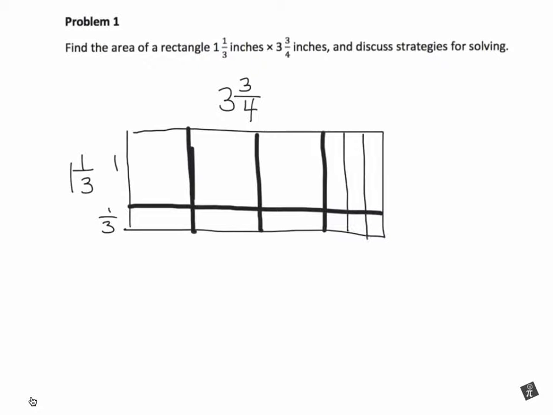So what do we have? We have 1 here, 1 here, 1 here, and then we have 1/4 here, 1/4 here, and 1/4 here. Okay, so we can look at this now.